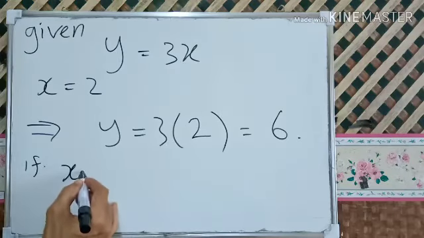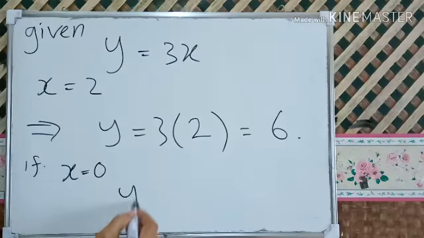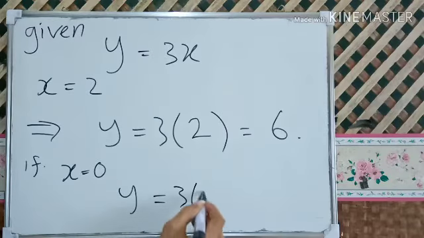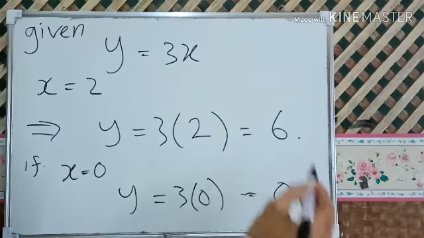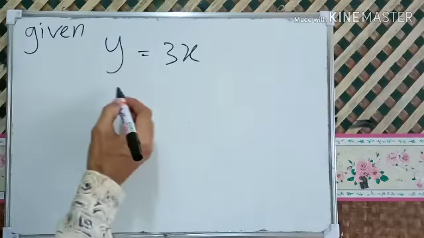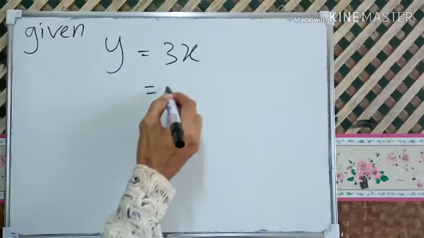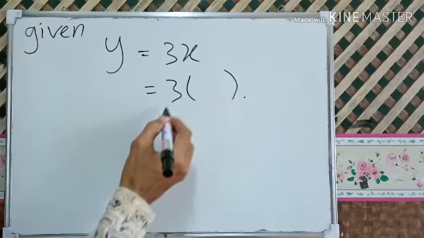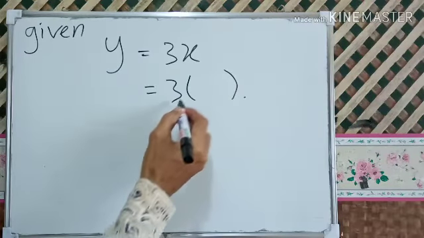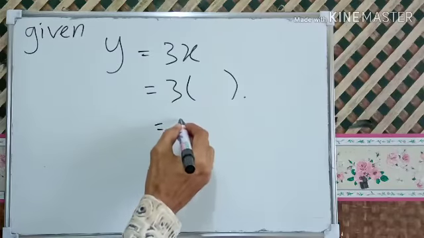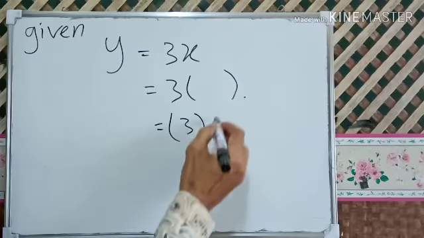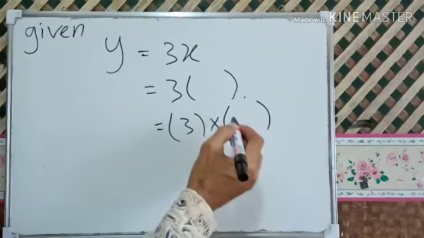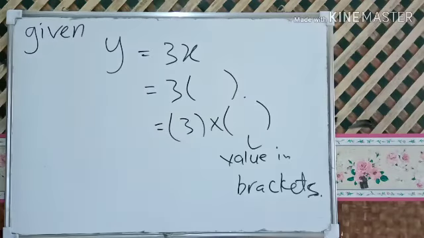If x equals 0, so y is 3, bracket 0. So 0 means 0. In this example, we put 3 and a bracket. What we do is multiply 3 with the value in the bracket.